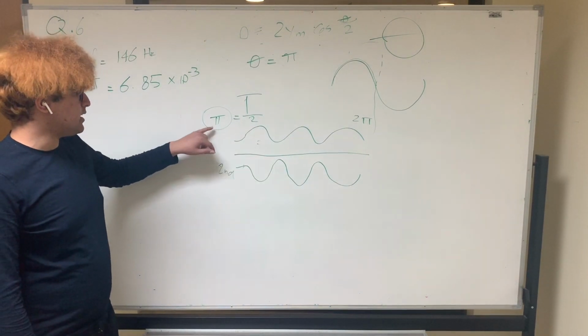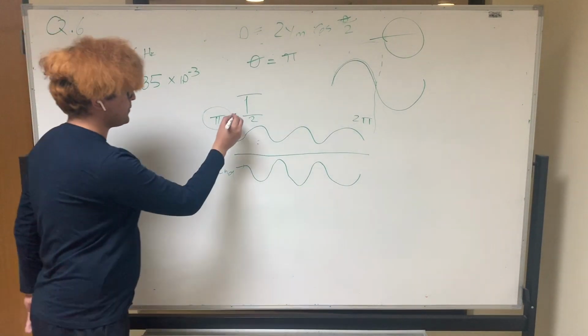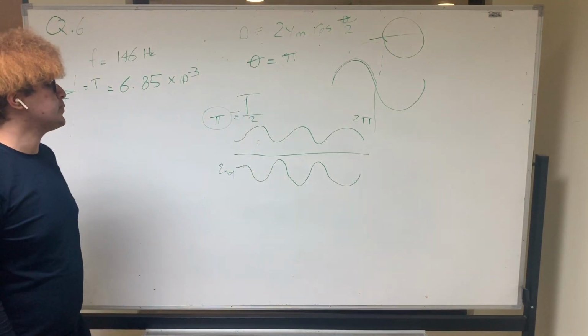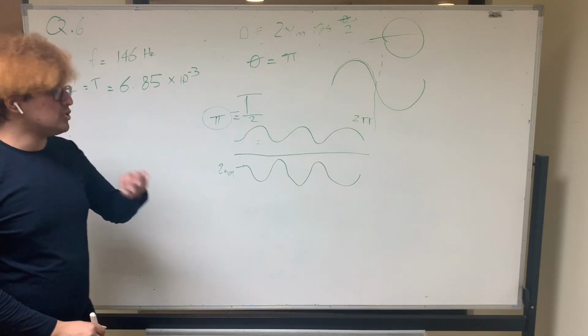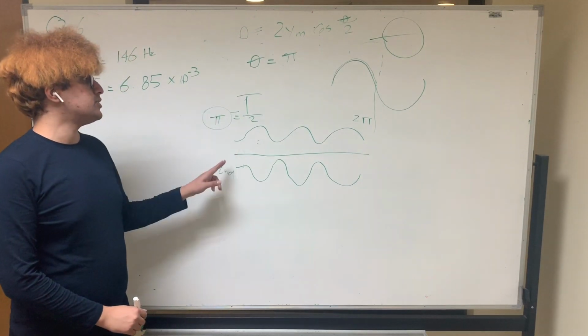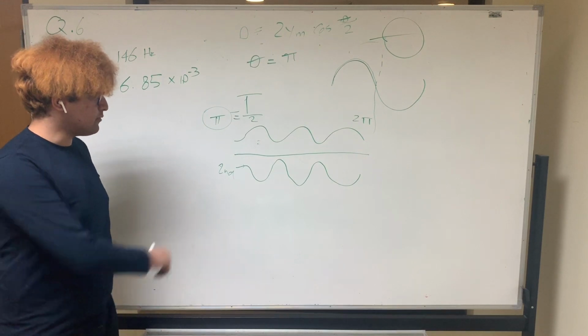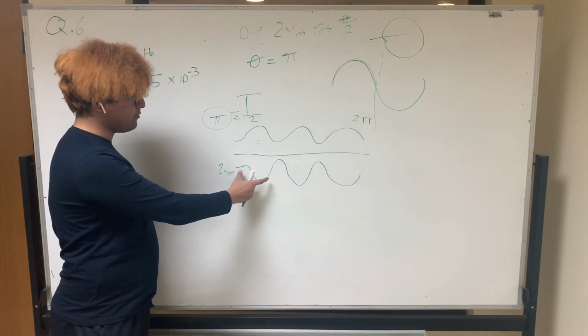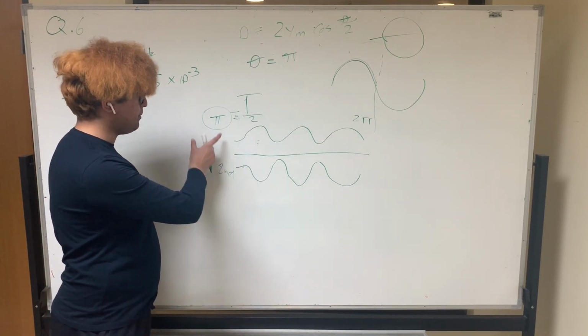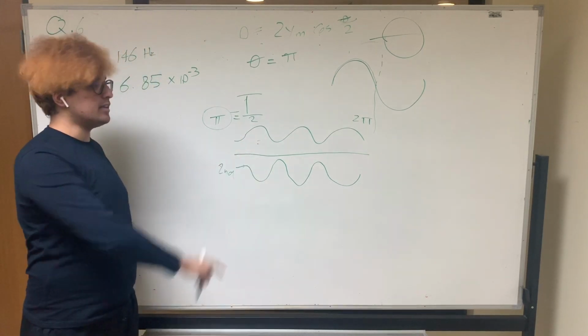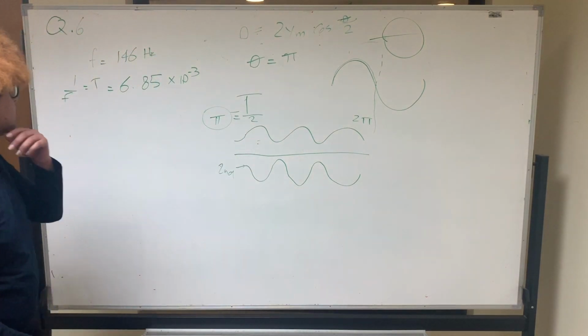We could say that pi is equivalent to T over 2. So we should drop the stone after the period divided by 2 seconds. And if you do that, we're going to produce a wave like this that's shifted pi radians, and it will destructively interfere with the first wave.